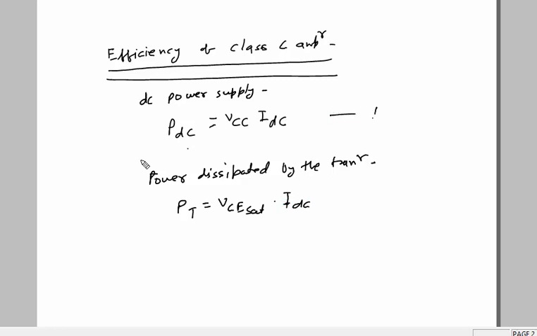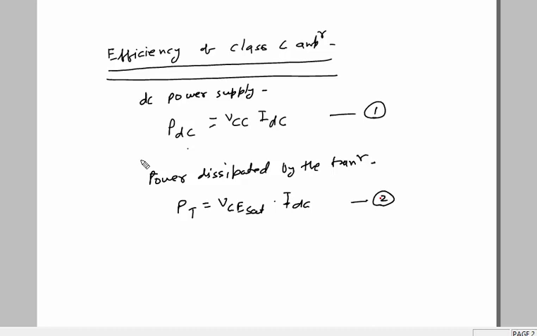Let's call this equation number 1 and this equation number 2. Now, the total power supply is VCC into IDC, which is PDC. The power dissipated by the transistor is PT. Now the remaining power must appear as the useful AC power across the load.